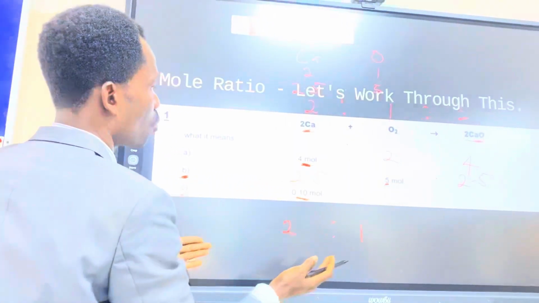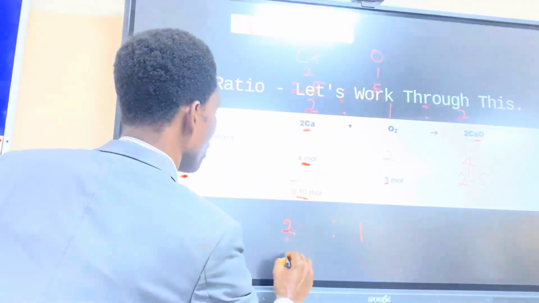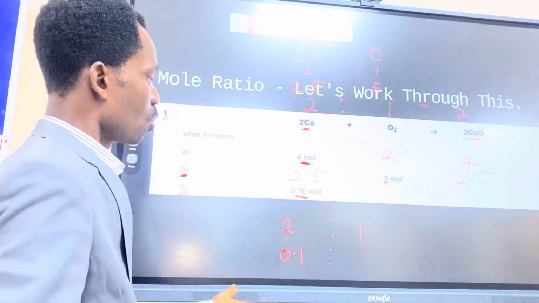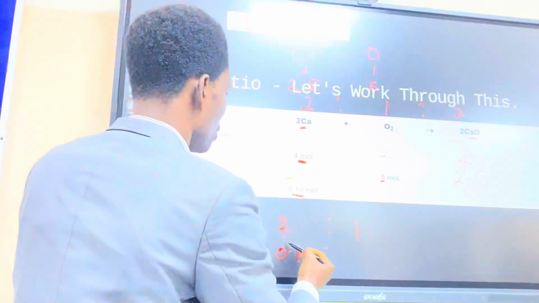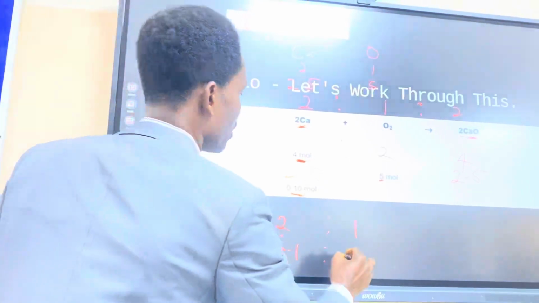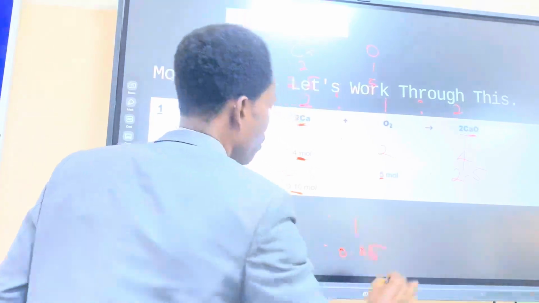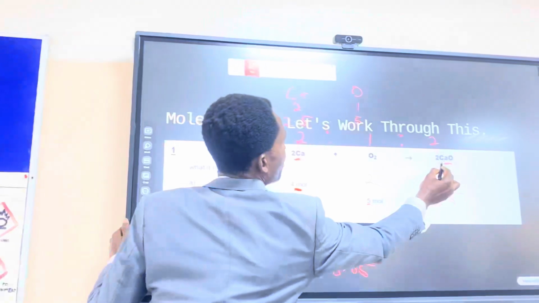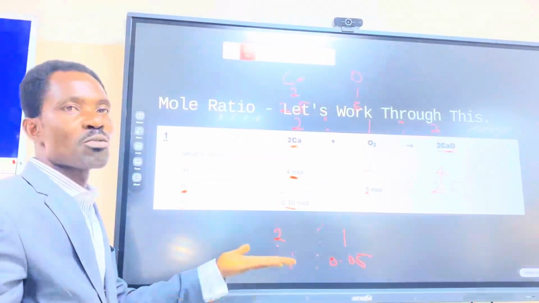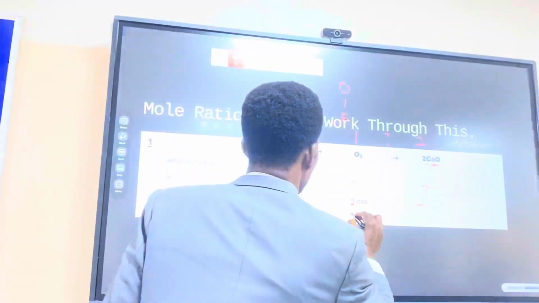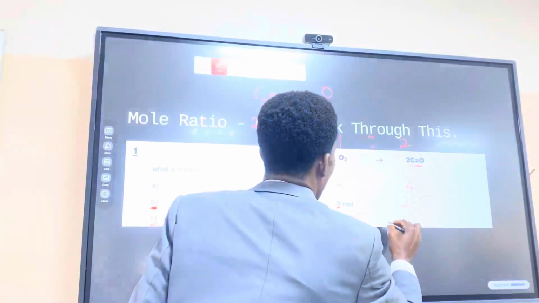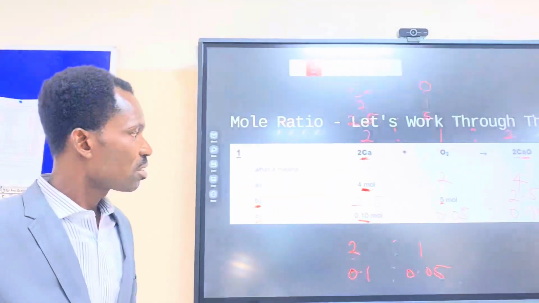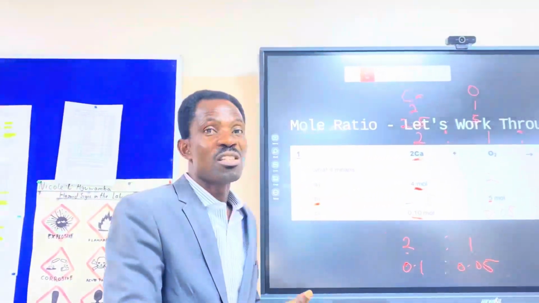So if they are in ratio 2 to 1, now that you don't have 2, you have 0.1 of calcium, how much oxygen would you require? The same thing, you are doing 2 divided by 0.1, which is going to give you 0.05. Is that okay? Now, since calcium and calcium oxide are in ratio 2 to 2, it means they will be the same value. So you are having 0.05 here and you are having 0.10 here.